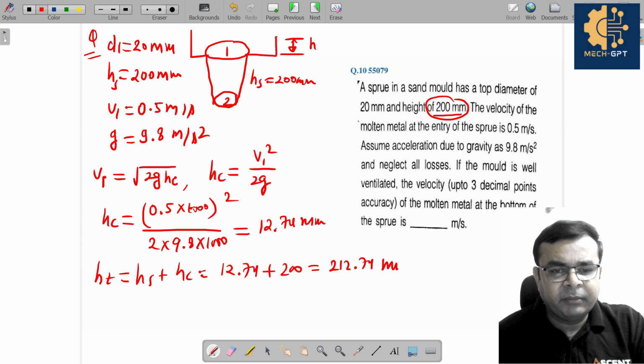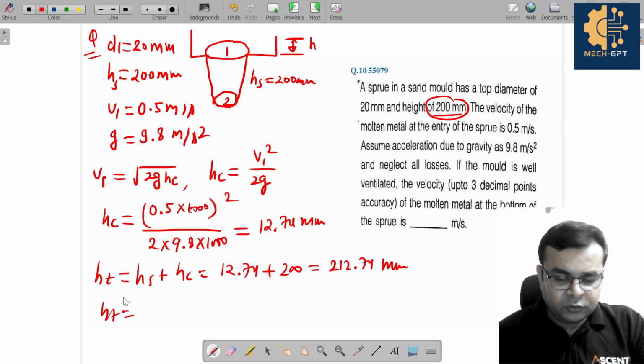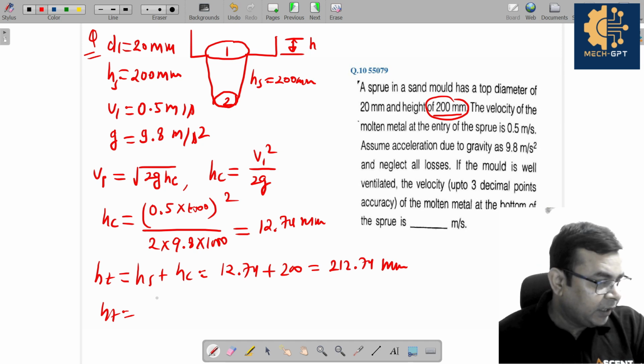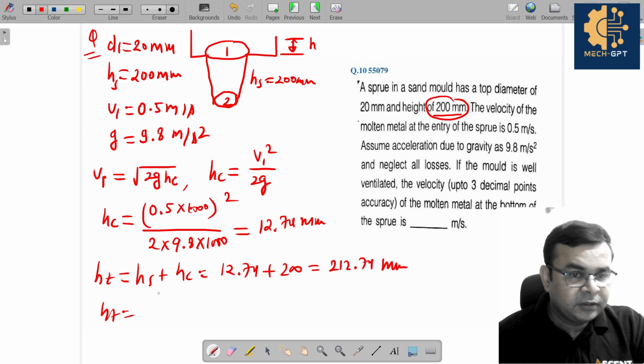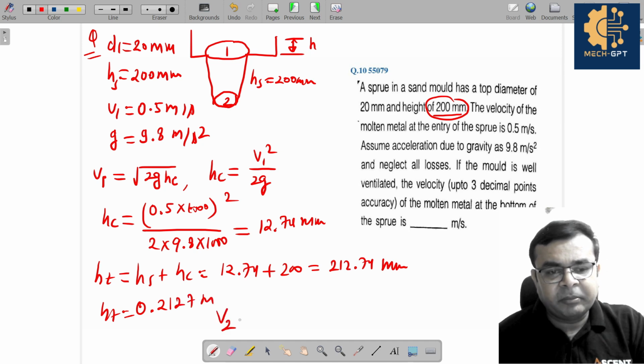212.74 millimeter. So if I write this height in meter, it is 0.2127 meter. So what about velocity at the bottom? This is V2, which is root 2 g h.